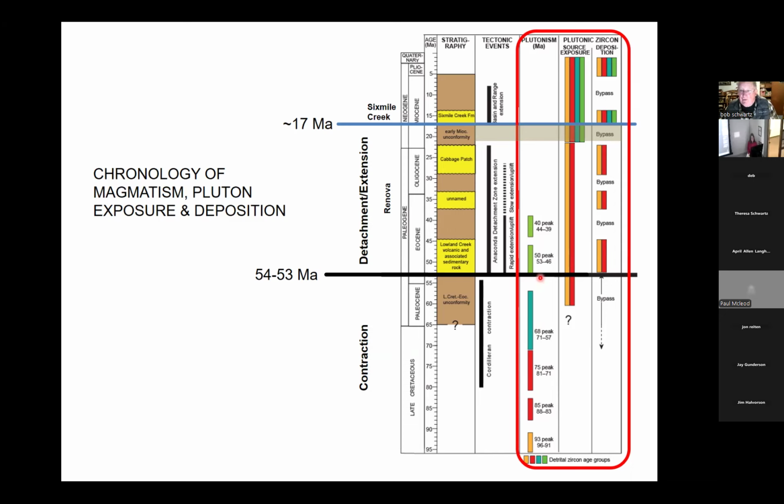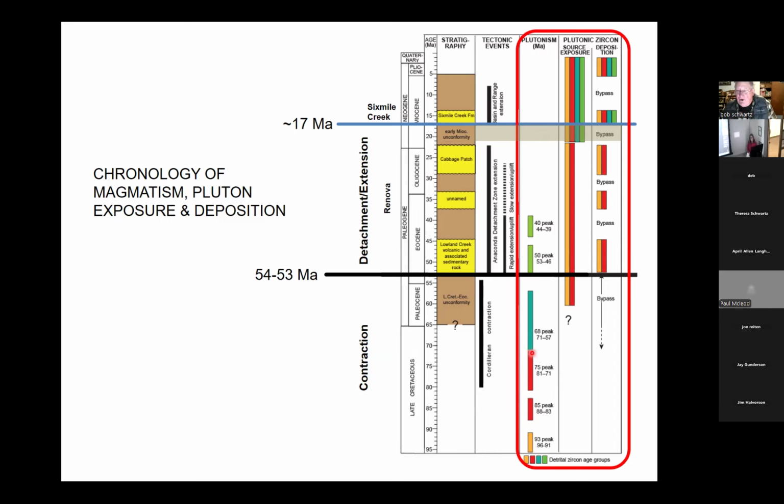And then during Renova deposition, here we have the 50 MA group and the 40 MA group. So while the Renova is being deposited, we had magmatism going on at the same time. If you look at these ages here and look at the detrital zircon ages, what we see is that in the Renova, these age groups are these age groups.